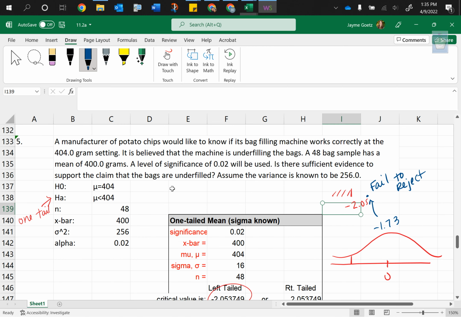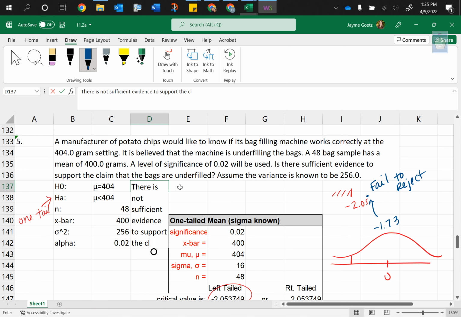Okay. Is there sufficient evidence to support the claim that the bags are underfilled? We are failing to reject the null hypothesis. So here's what this means. There is not sufficient evidence to support the claim that the bags are underfilled.